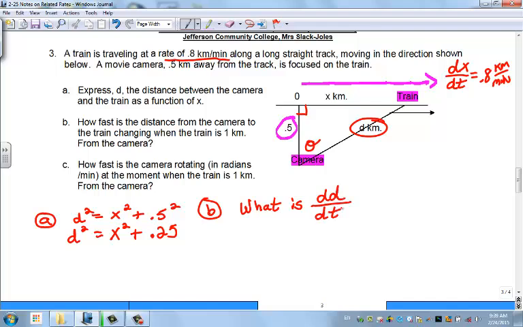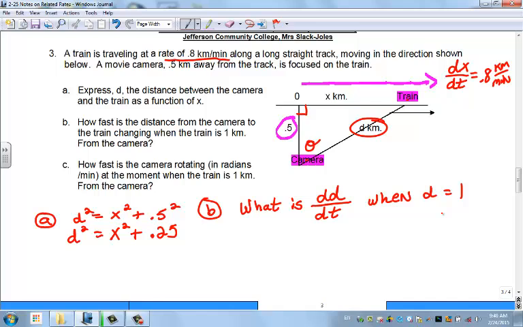How fast is that distance changing at this moment in time when the train is 1 kilometer from the camera? Now the distance from the train to the camera is represented by D. So when D equals 1. Does D always equal 1? No. This is at the snapshot in time when D equals 1, we want to know what is dD/dt.